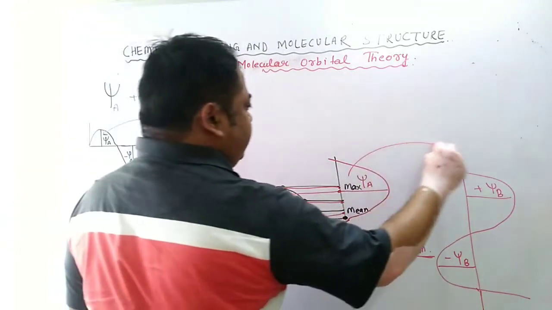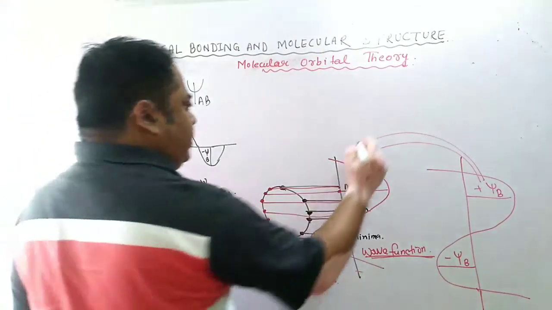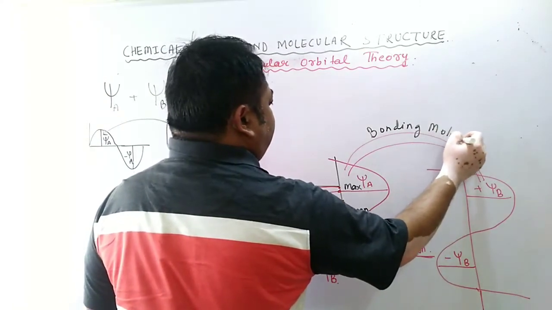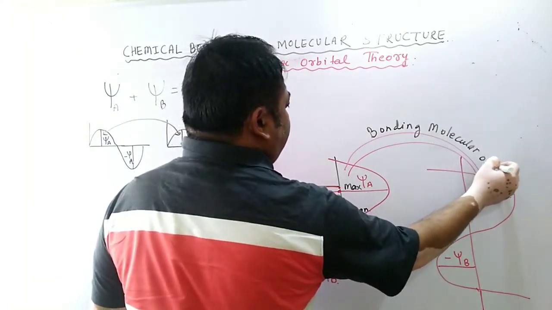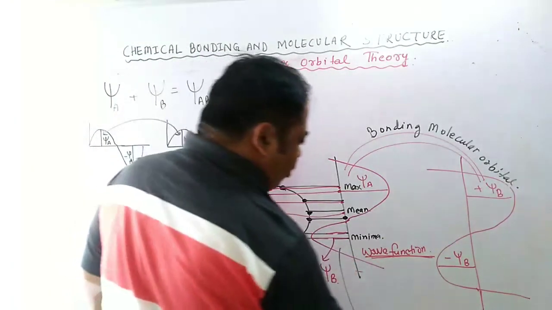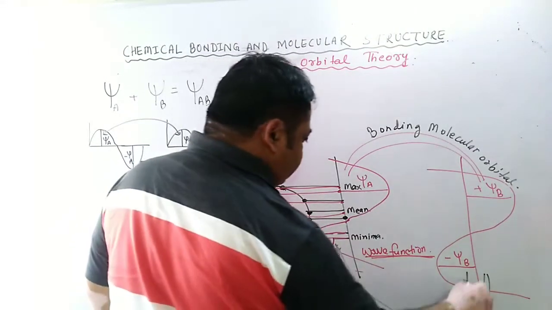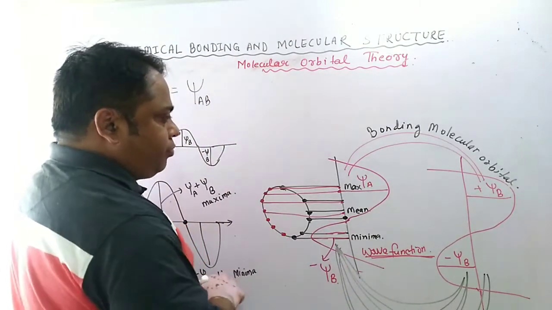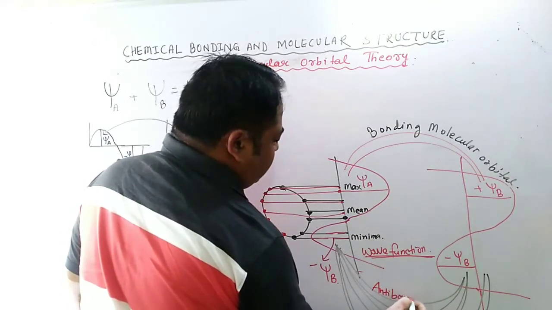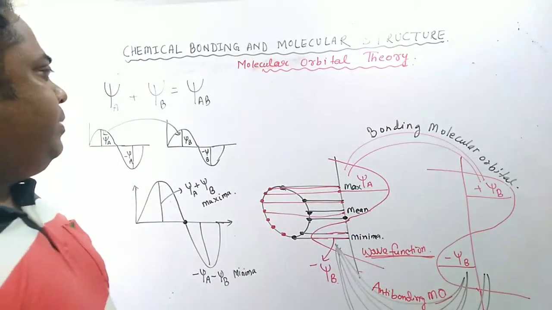So plus and plus will combine and form a bonding molecular orbital, and minus minus will bond, they will form an anti-bonding molecular orbital. In this case, what happens?